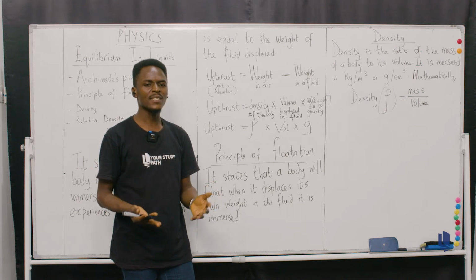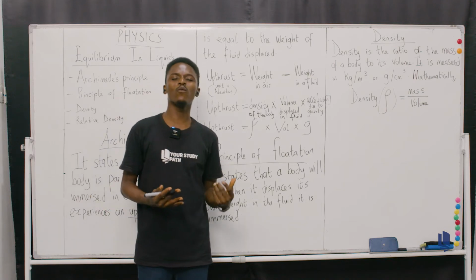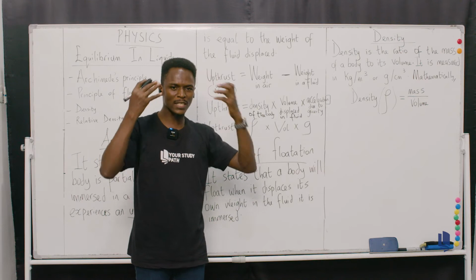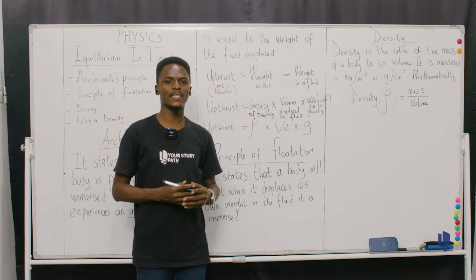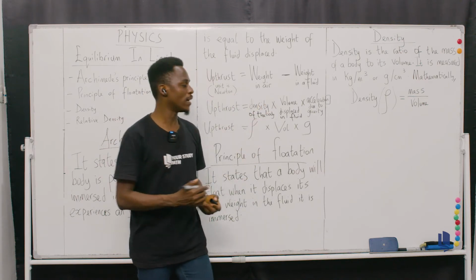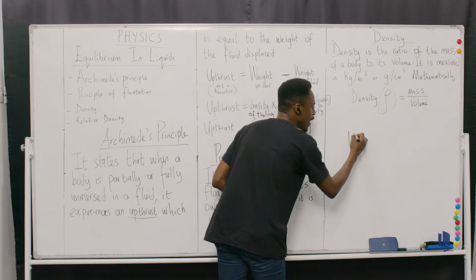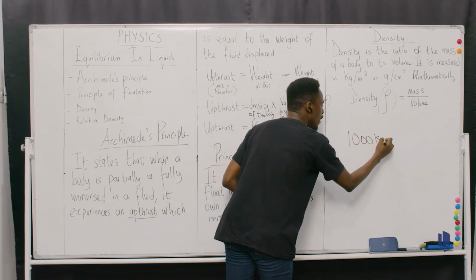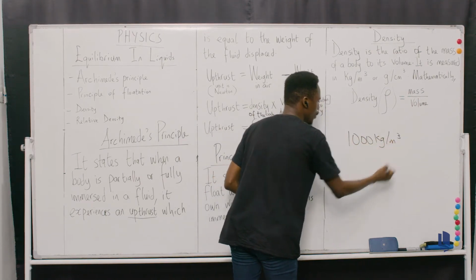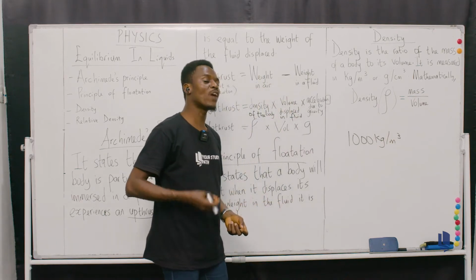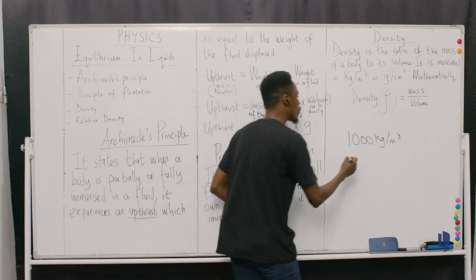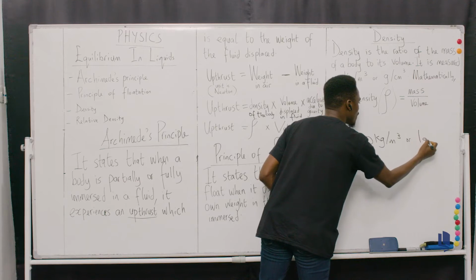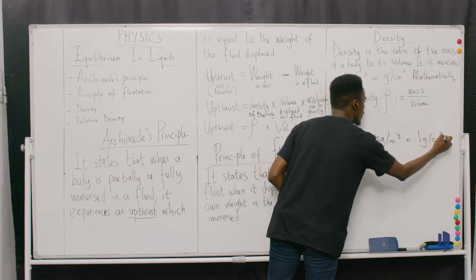It's simply because the density of water is a constant value that you can easily have in your head. What is the density of water? It is simply 1,000 kilogram per meter cube. When converting to gram, you have 1 gram per cm cube.